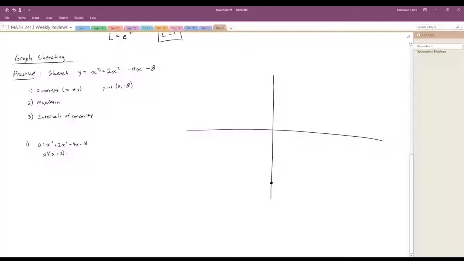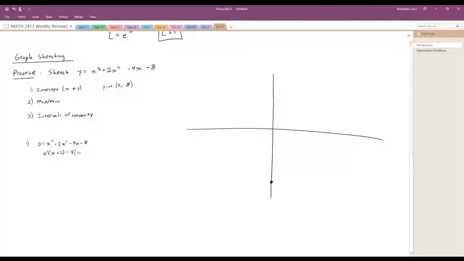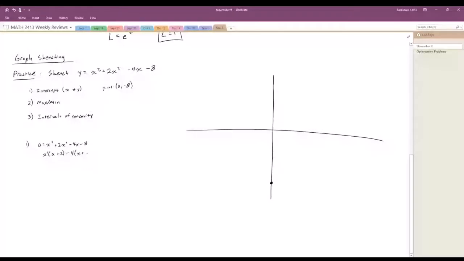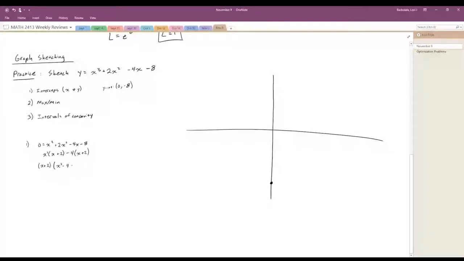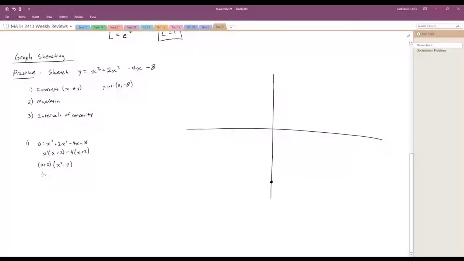Factoring out negative 4 from the second term also leaves me with x plus 2. So then if I factor out an x plus 2 from both of these terms, I'm left with x squared minus 4, which I can then factor into x plus 2 times x minus 2 times x plus 2, which is, of course, equal to x plus 2 squared times x minus 2.